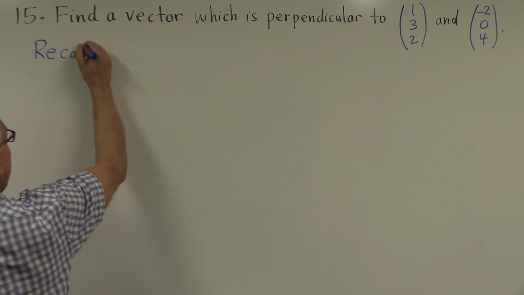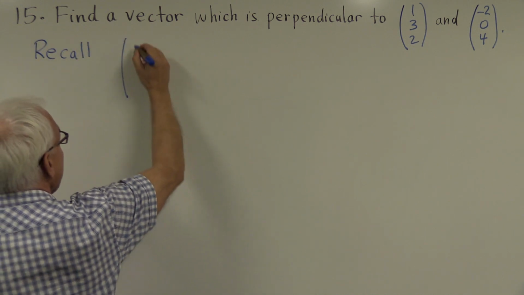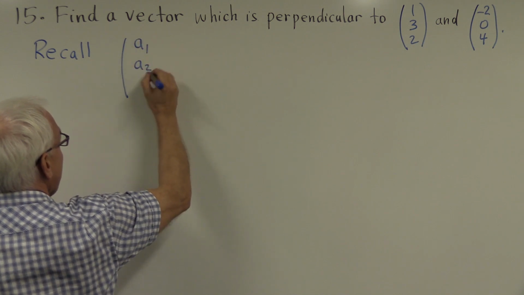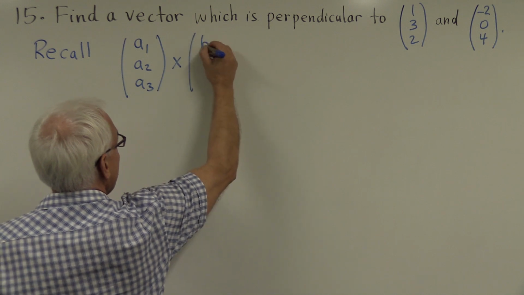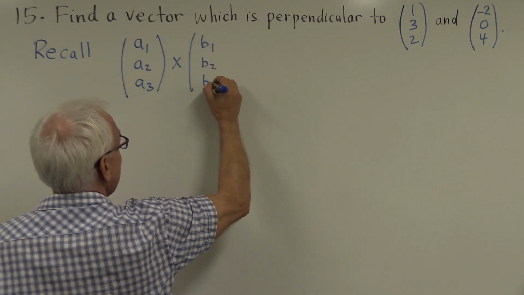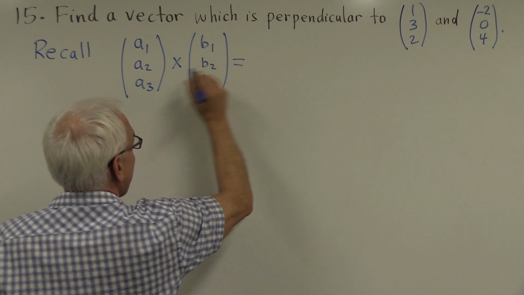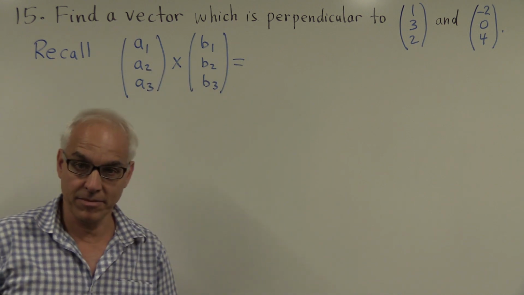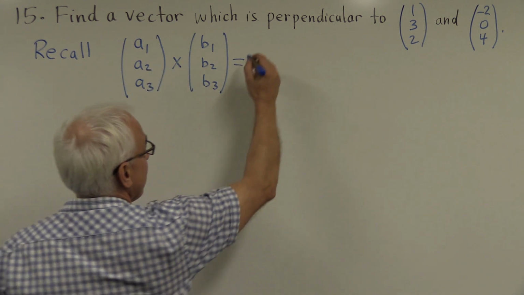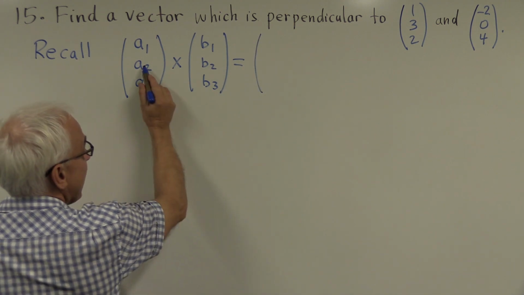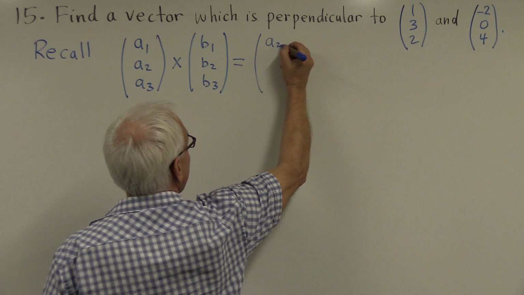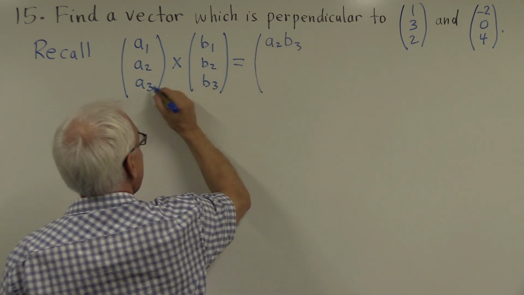recall that if we have two vectors, let's say a1, a2, a3, and another vector b1, b2, b3, then the cross product between them is a third vector which has the following form. The first coordinate is a2 b3 minus a3 b2.